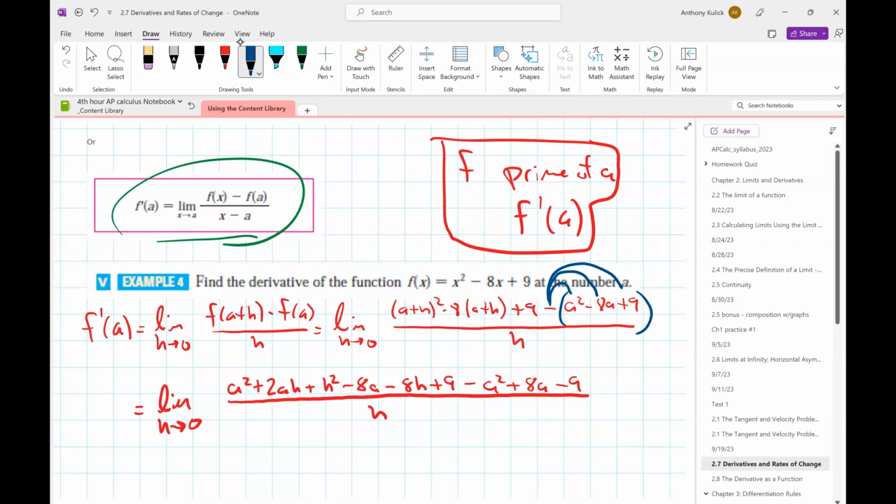What do you notice? A lot of stuff can cancel. Let's look. I see a squared and minus a squared. I see a minus 8a and a positive 8a, a positive 9 and a negative 9. Everything left now has a factor of h. So we can reduce that stuff.